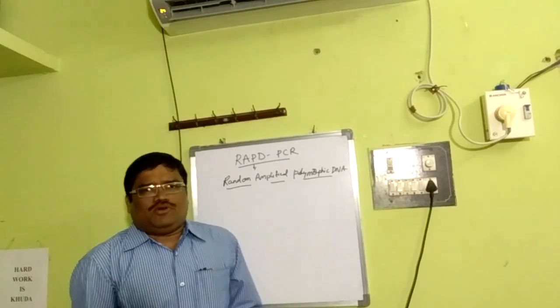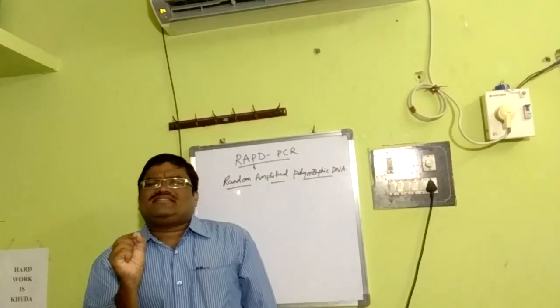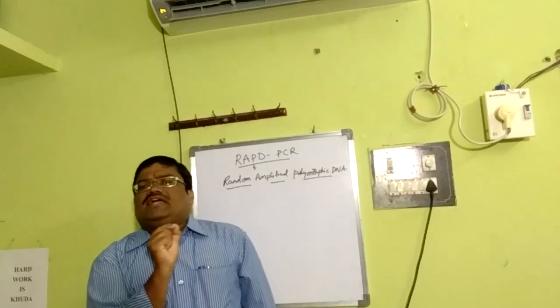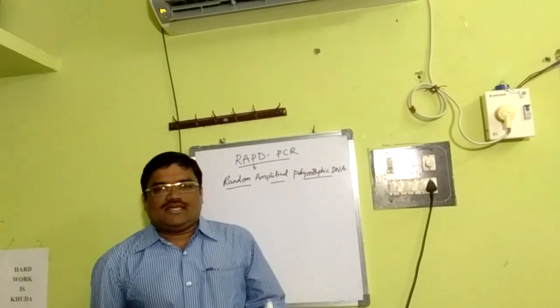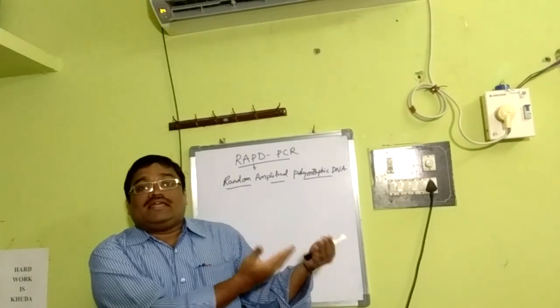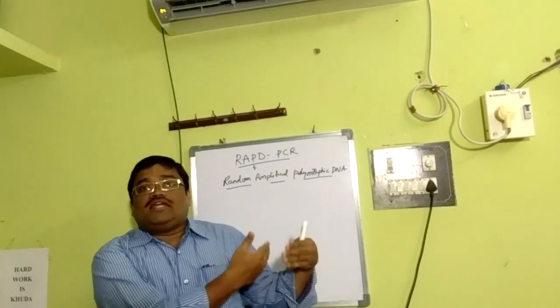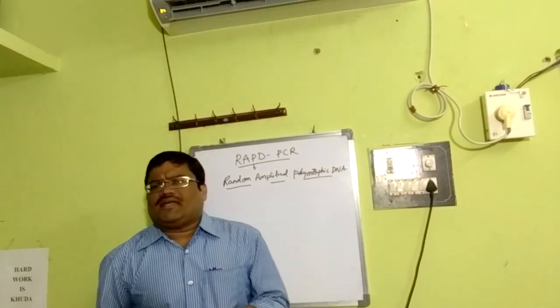And what exactly is polymorphism? In yesterday's class we discussed that a stretch of DNA fragments exists in varying lengths. That means I may have my own DNA pattern, individual X may have their own DNA pattern, individual Y may have their own DNA pattern. What are the possible reasons for this varying length of DNA fragments?